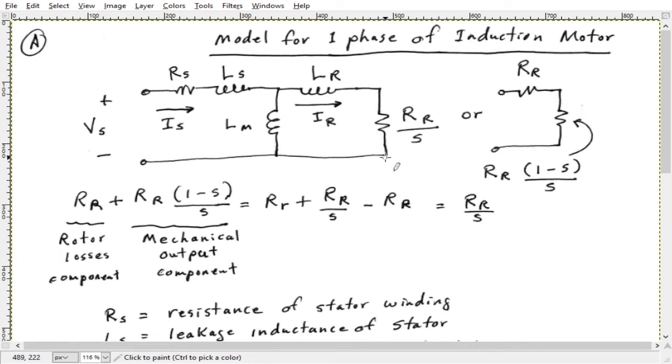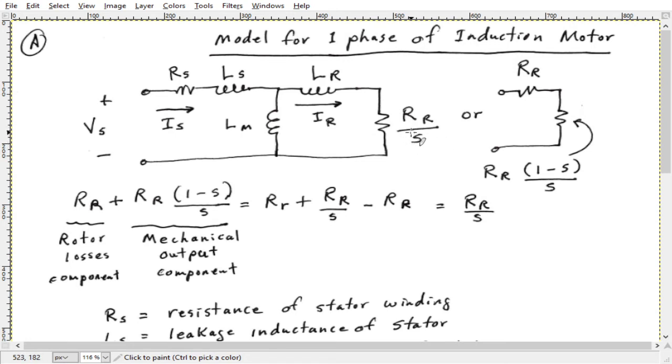Now let's consider the operating condition. The slip here is typically somewhere around maybe 1%, that's 0.01, to as high as maybe 0.06 or 0.07, somewhere in there.